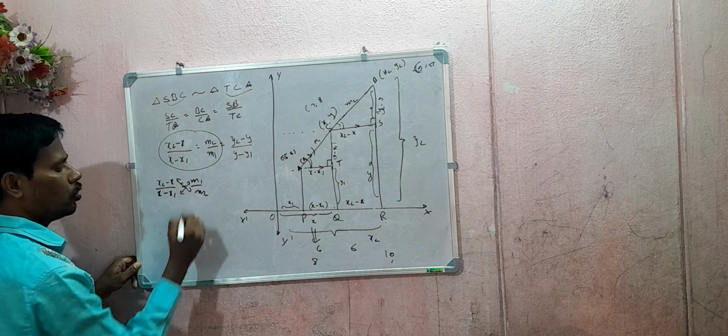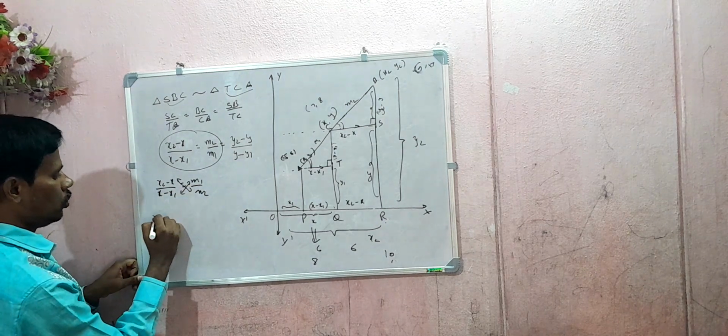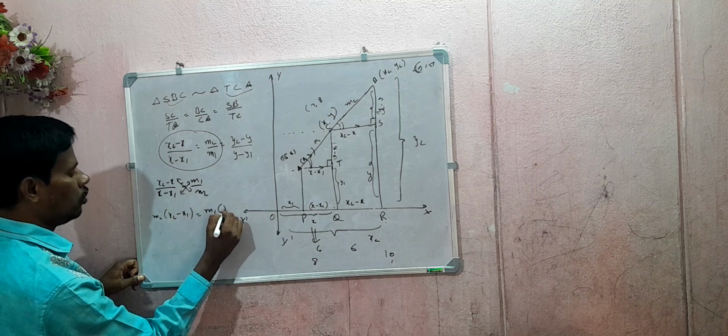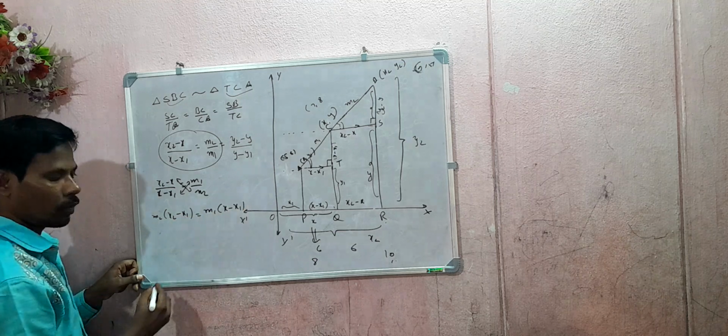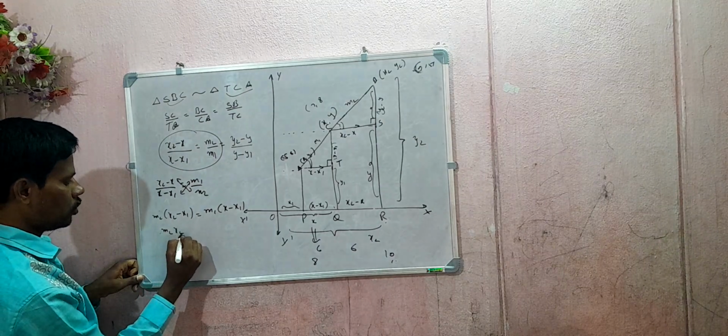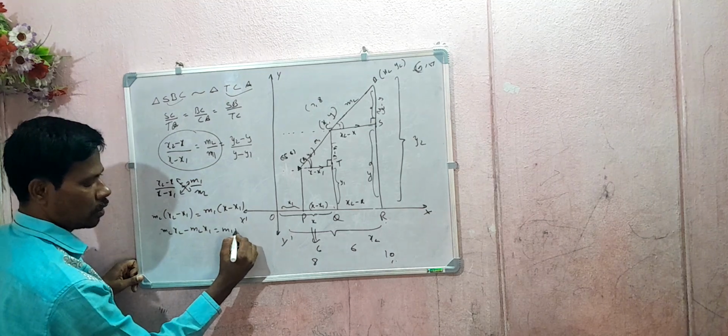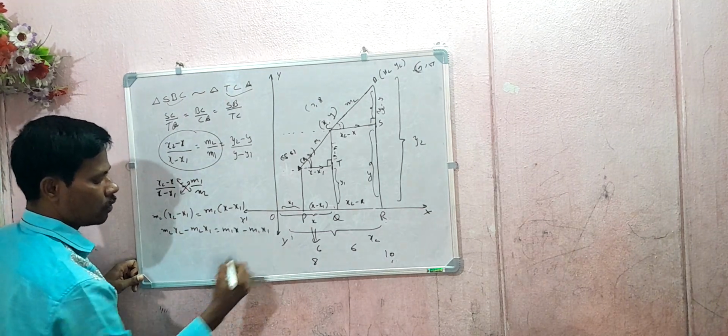Cross multiplication you do. So m2 into x2 minus x is equal to m1 into x minus x1. So m2 x2 minus m2 x is equal to m1 x minus m1 x1.